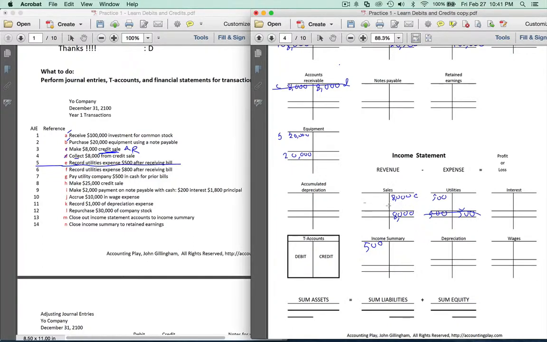Sales, we want this closed out too. 8,000. This disappears. 8,000 here. Okay, awesome possum. Now, once we bring these down, one's going to eat the other, right? 8,500, 7,500 is going to be left here in the income summary account.